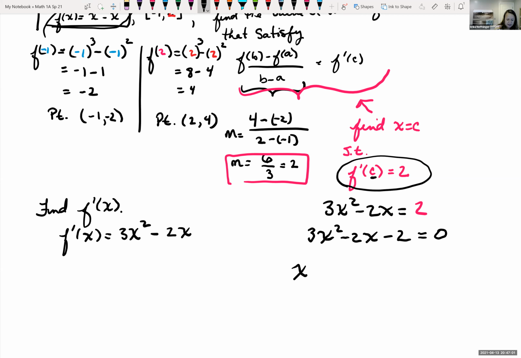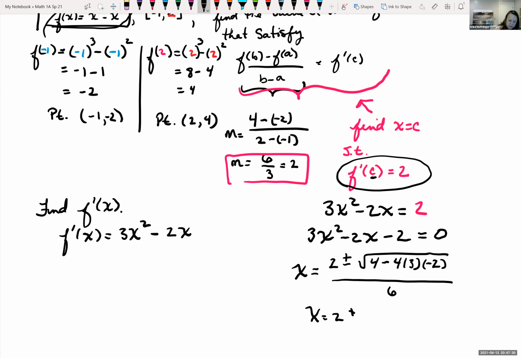So I get x is equal to -b, so +2, plus or minus the square root of -2 quantity squared, so 4, minus 4ac. So minus 4 times a, which is 3, times c, which is -2, all over 2a, so 2 times 3, which is 6.